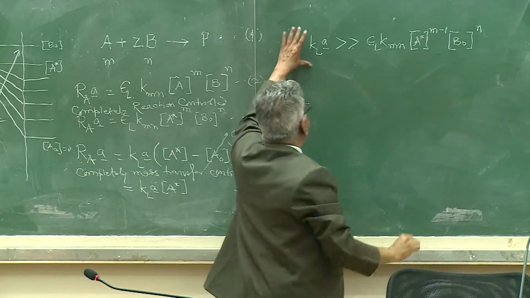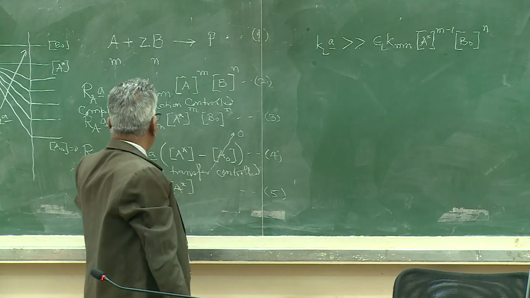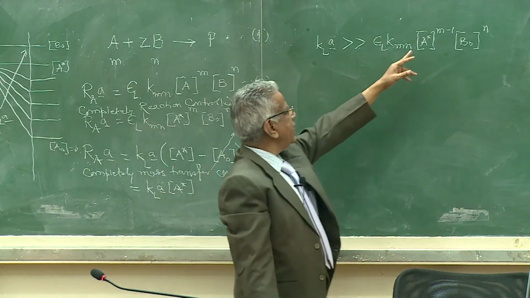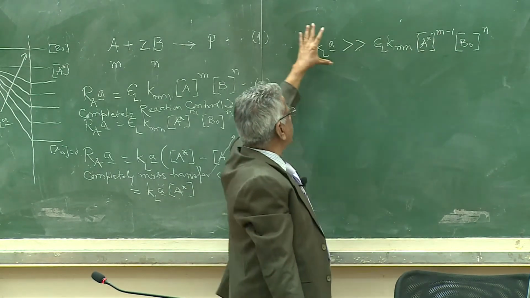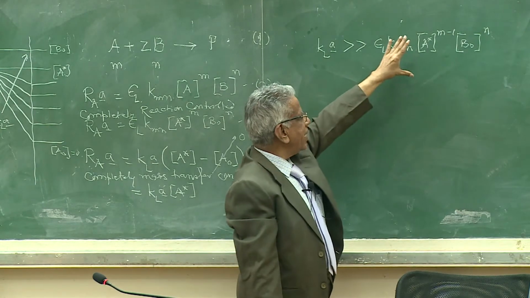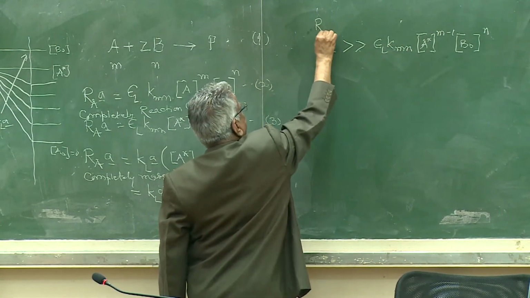If this is much less, here there was KLA A star, here it was A star raised to m. So, I have taken away one A star and written m minus 1. So, when this rate is much higher than whatever I have written on right hand side, then this is called reaction controlled.